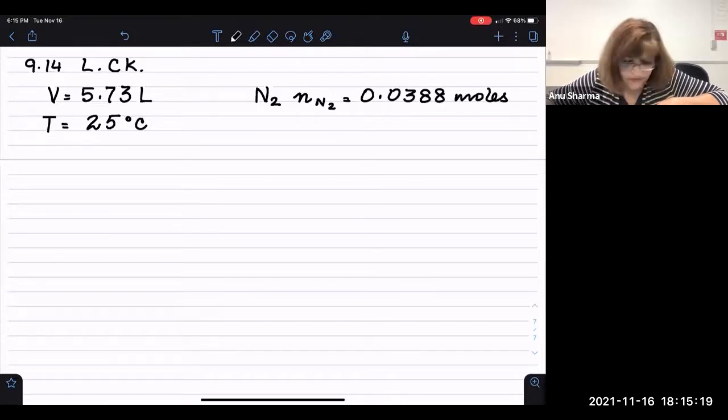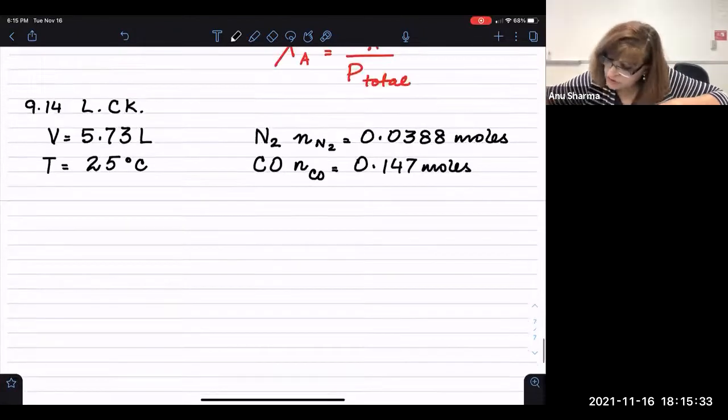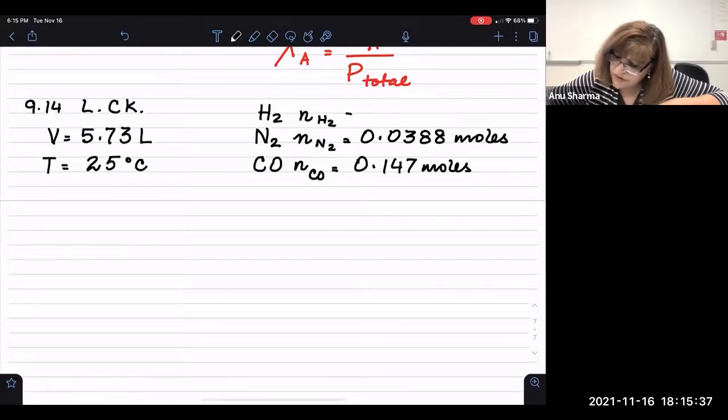Next, you're also given carbon monoxide. The number of moles of carbon monoxide is 0.147 moles. And you're also given hydrogen. The number of moles of hydrogen is equal to 0.0803 moles.